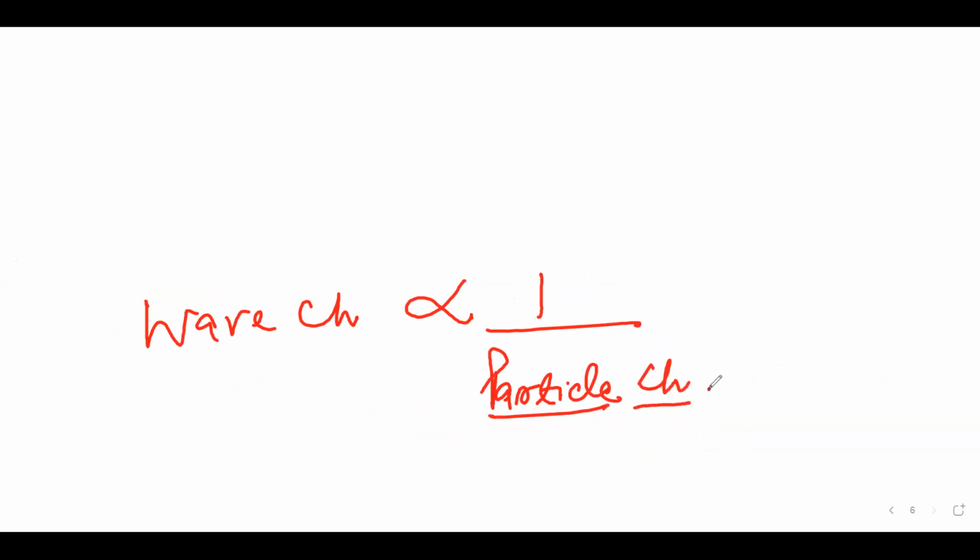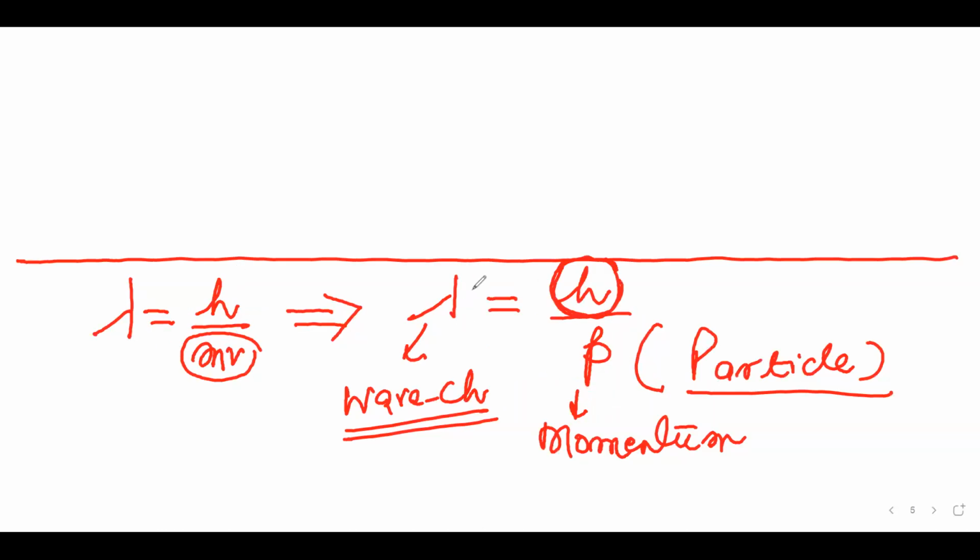So can I say wave character is inversely proportional to the particle character? Wave character is inversely proportional to the particle character. दोबारा देखो इसको. Lambda is h by mv, where I say lambda is the wavelength, automatically emphasizes the wave character. h is a constant, p is the momentum, and momentum is a property of a particle.